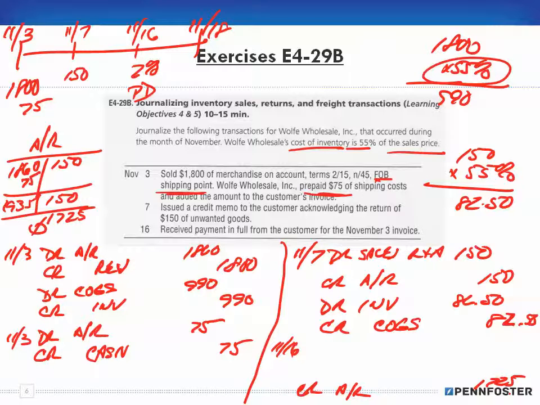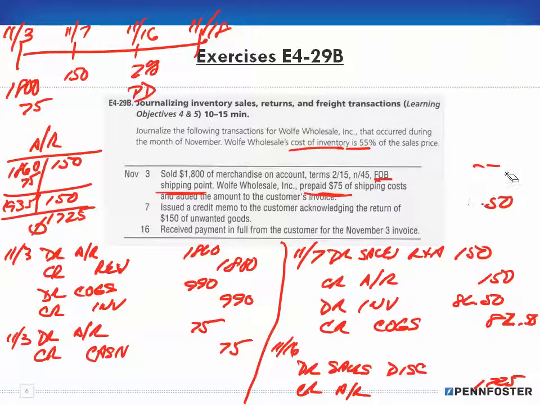Now, if I have a credit to accounts receivable for 1725, that means I have to debit something else. Well, let's work on the discount first. Debit, and just like we use sales return and allowances, we're going to use sales discount. In doing the math, the original sale was for, oh, I've got my math wrong here, sorry about this, everybody.